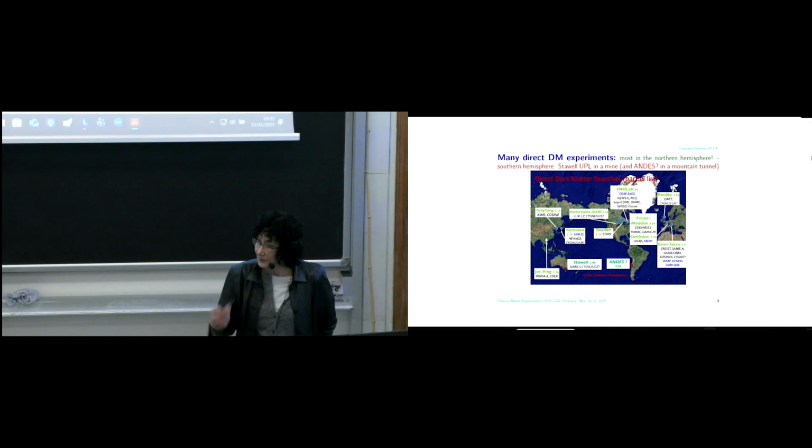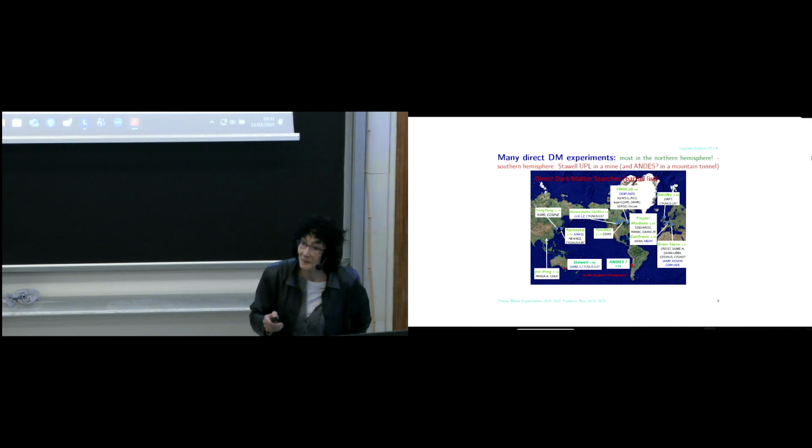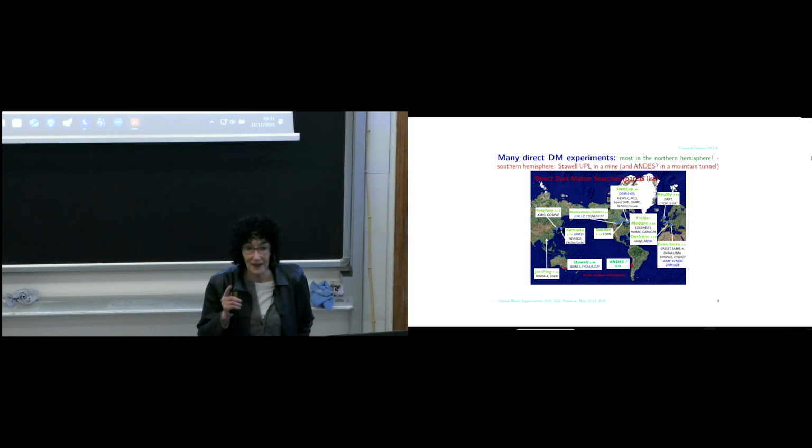In any case, it would be fantastic from the point of view of physics in general. Why in the southern hemisphere would that be important? I mentioned that the maximum of the rate, I will mention again soon, is in June, at the beginning of June.